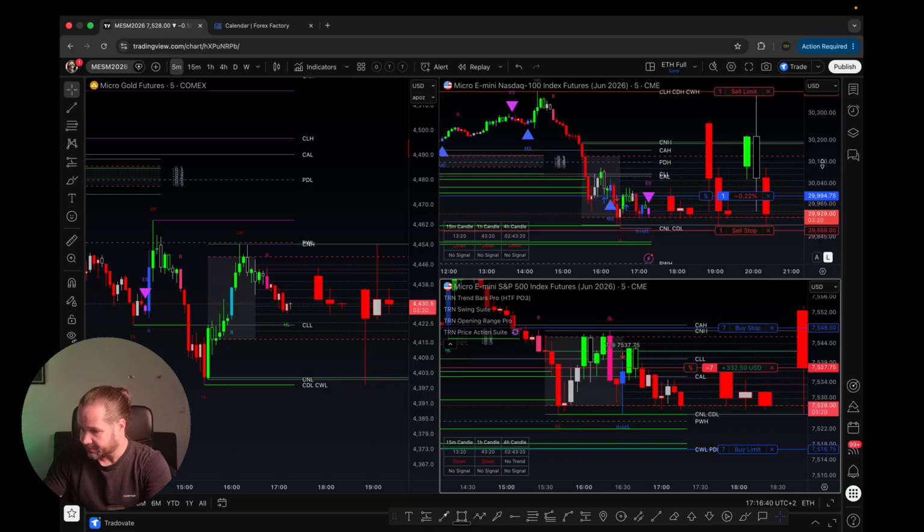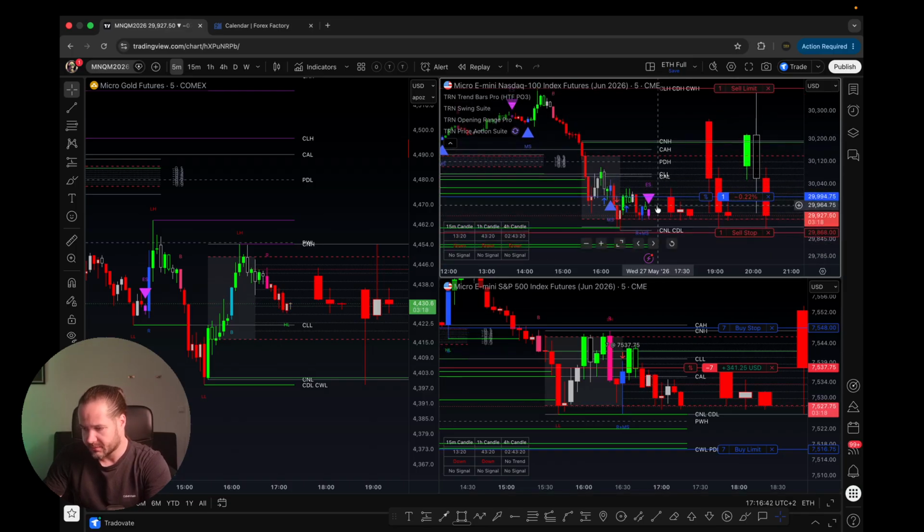And at the same time, NQ continued to outperform. Yeah, we're staying with a loss right now, but still, as you can see, the down move is way stronger here on ES compared to NQ, and that's why all in all this trade plays out so far.